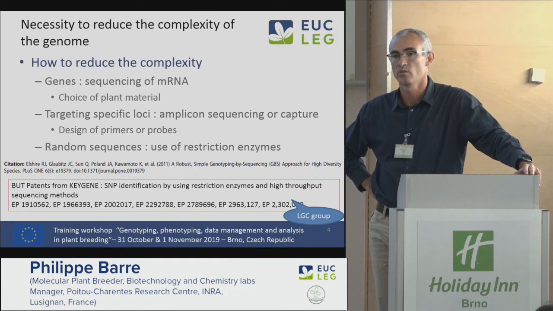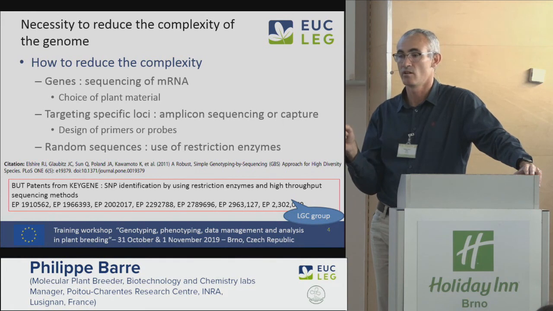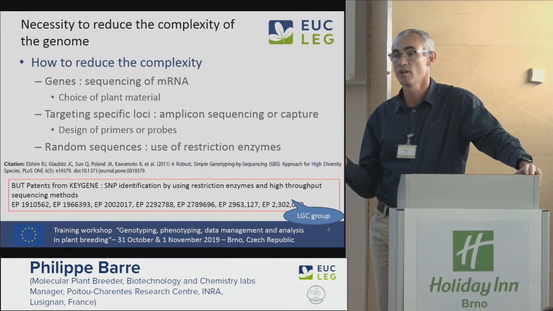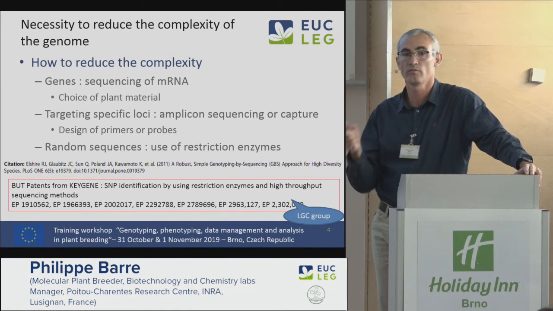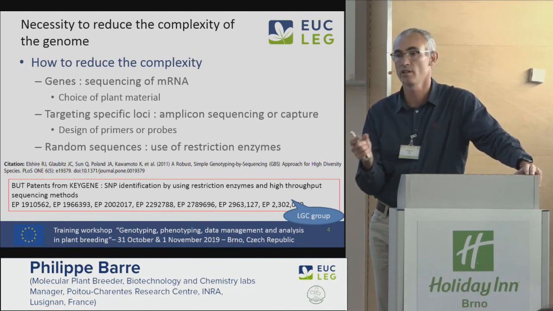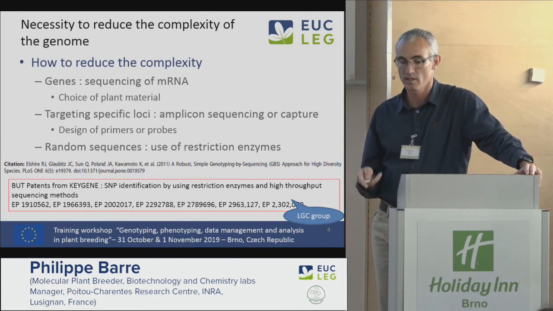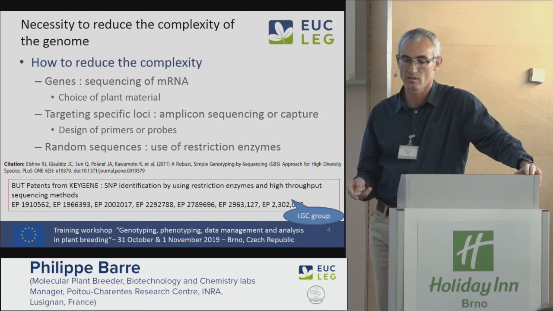To do that, you need to select the plant material from which you are going to extract mRNA, and it will depend on the physiological stages. So you can get only a part of the information if you focus, for example, on mature leaves, and you don't get buds or stuff like that. So this is convenient, but you can get only part of the genes by doing that.